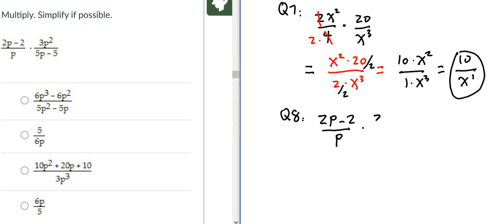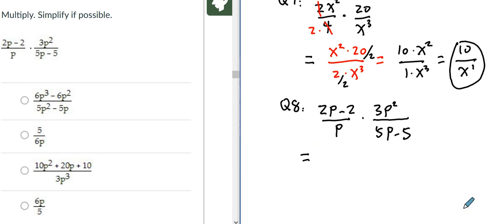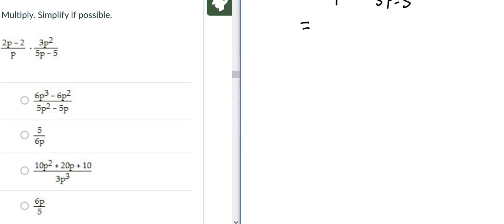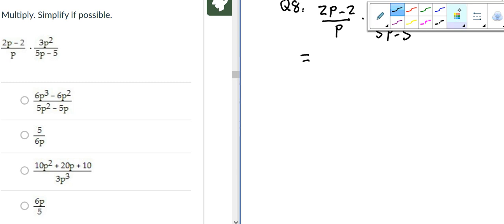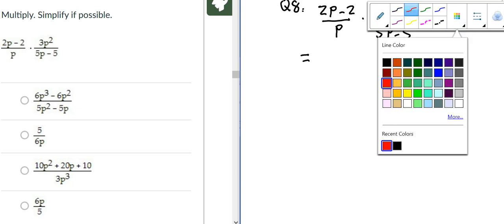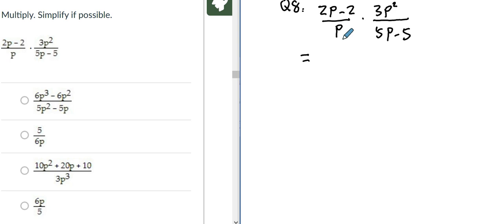And then here we have a 3p squared over 5p minus 5 equals. Okay. Here we want to consider p first. This p, there is an exponent. Okay. And then here there is 2.